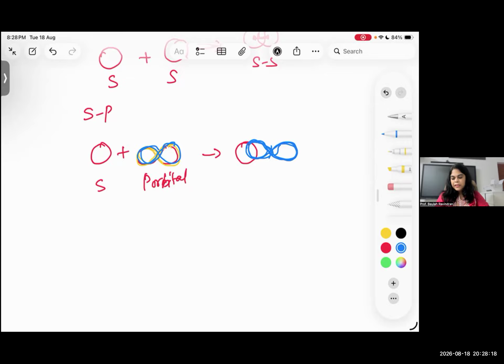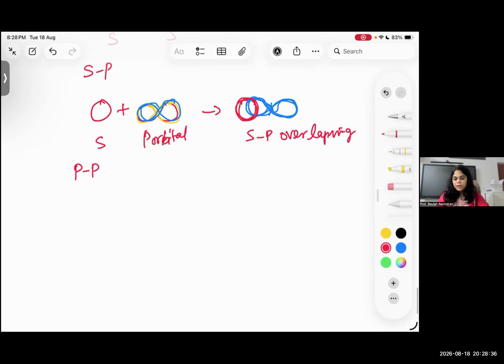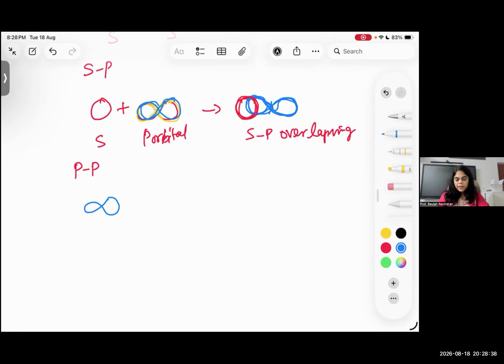S and P. It is now overlapped. So it is SP overlapping. These are all axial. Then P to P overlapping is also possible. Two P orbitals you can take.